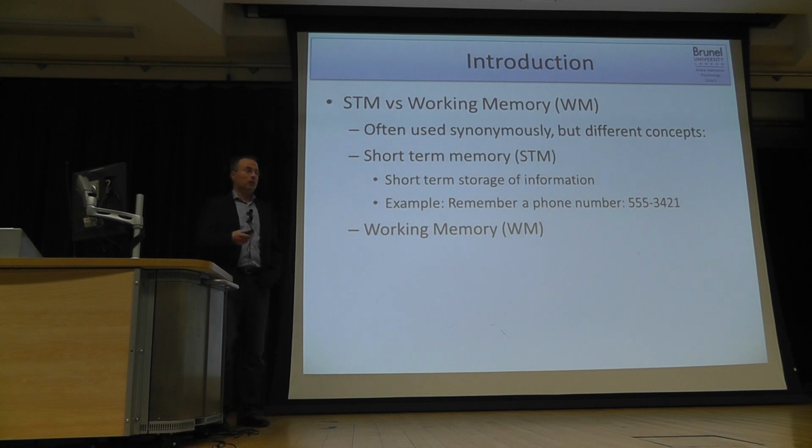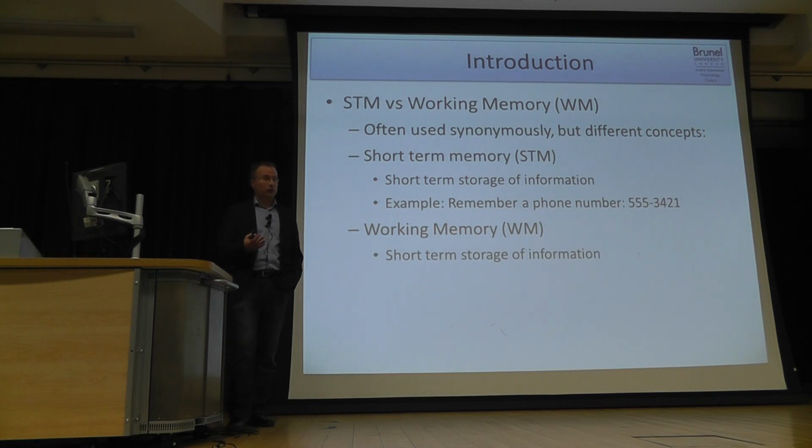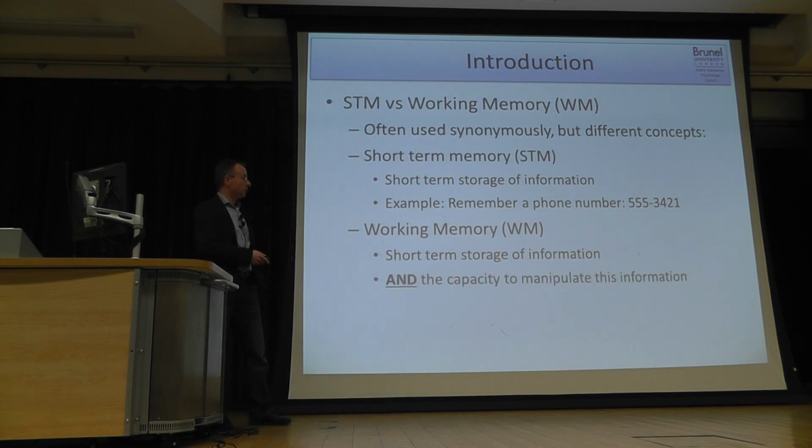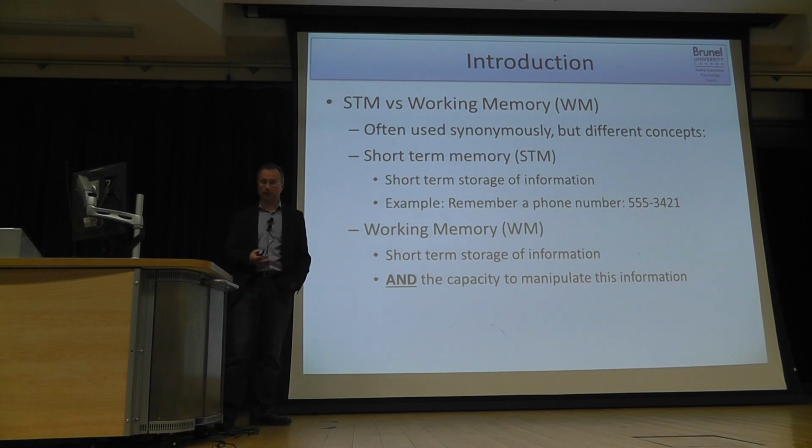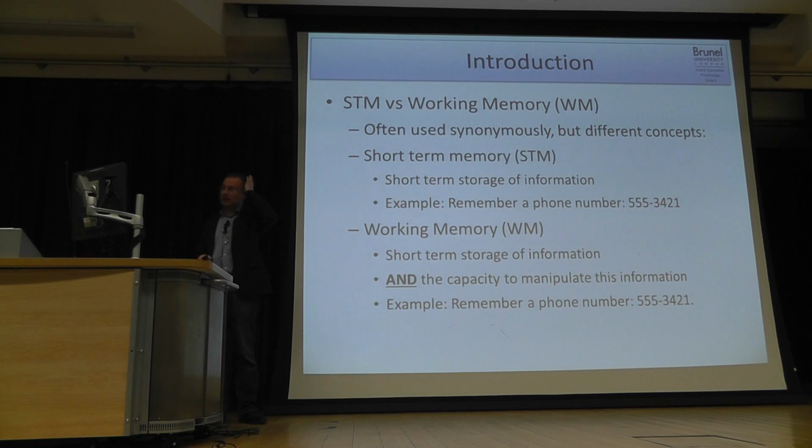Working memory, according to this view that these two things are something different, would again be the storage of this information, the short-term storage. However, in addition, it would be the capacity or the processes to manipulate this information. So to stay with that example, we could say, okay, please remember the phone number 555-3421.